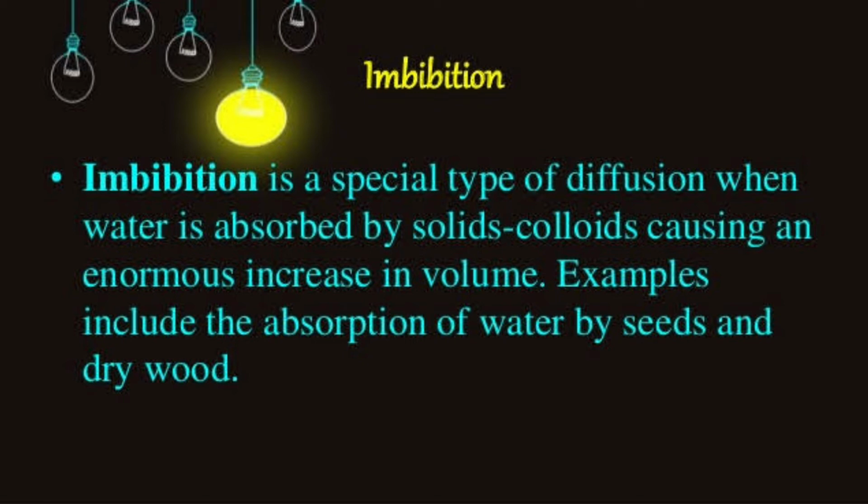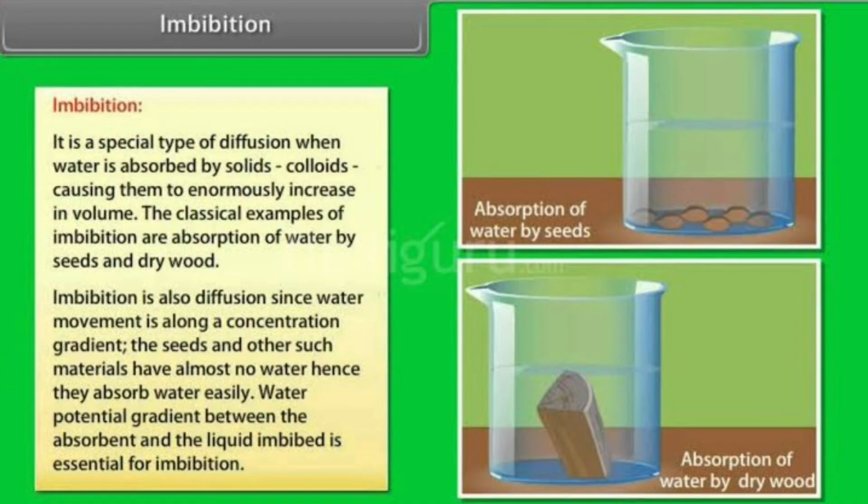The classical examples that I told you already are seeds and dry wood. If you keep pouring water on dry wood, it enlarges in size. Even seeds, if you keep them in water, next morning you might have seen the seeds are imbibed and enlarged in size.